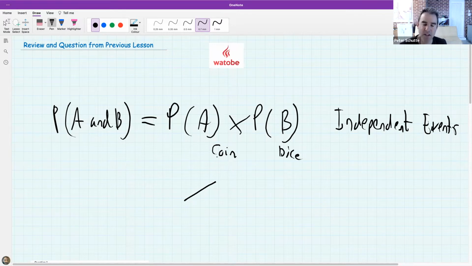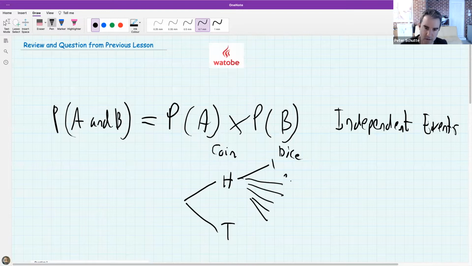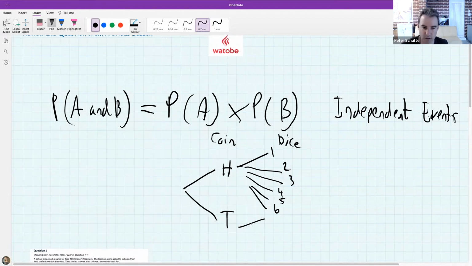The two options for the first are heads and tails. For the second event, the options are 1, 2, 3, 4, 5, 6, and it's going to be the same over here. I'm just doing this as a rough one, I know it's not very neat.